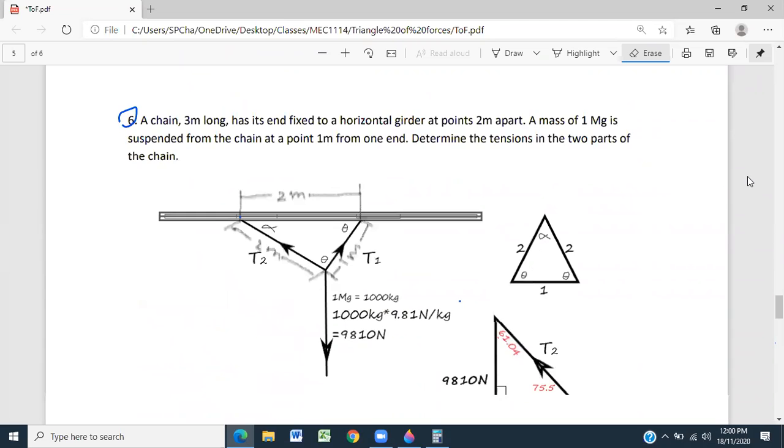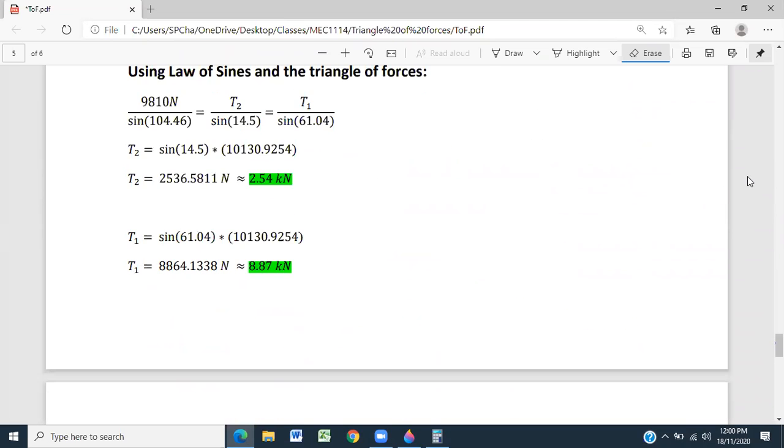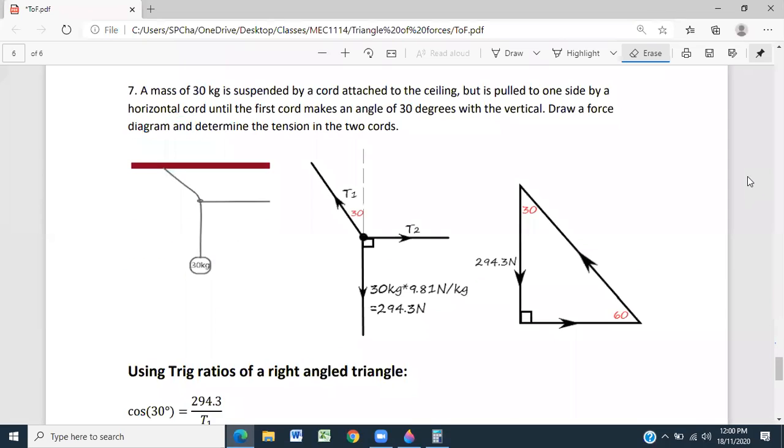essentially the end of the class. Number 7, you guys can work it on your own if you paid attention. So what it's essentially saying is a mass of 30 kg is suspended by a cord attached to a ceiling. It's being pulled to one side by a horizontal cord, and this mass 30 kg, gravity acts vertically downward, so creating right angles here, and this cord here being pulled horizontally.